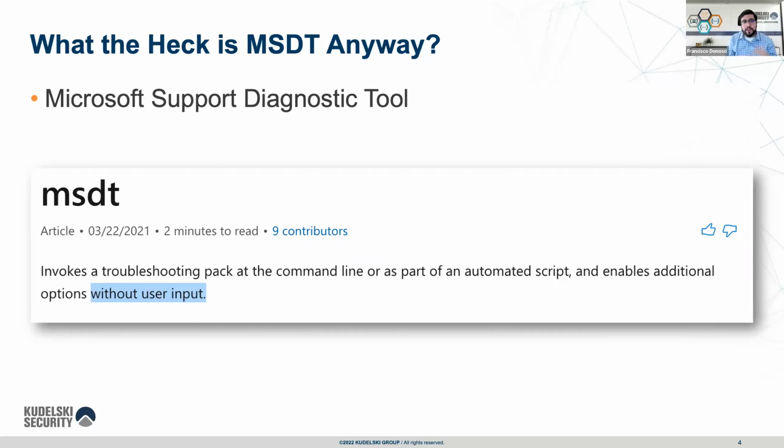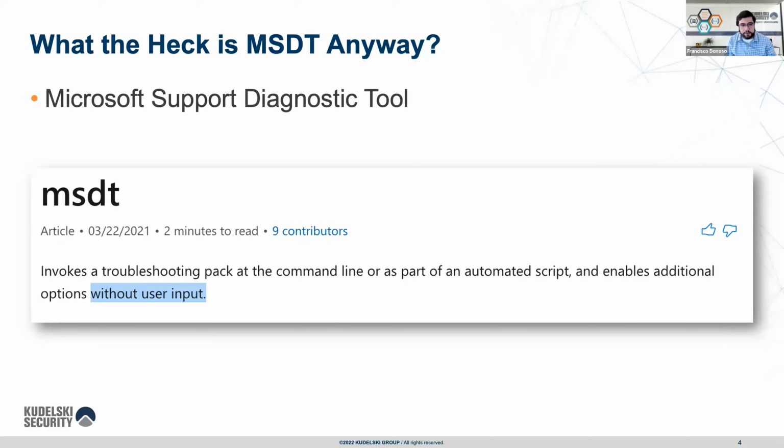First things first, this MSDT, like I mentioned, is actually a diagnostic tool that's built to enable the Microsoft support team to run automated scripts and gather additional information about what's going wrong in a Windows operating system. The unfortunate reality is that this MSDT program actually allows all of this to happen with very minimal user input or without user input altogether.